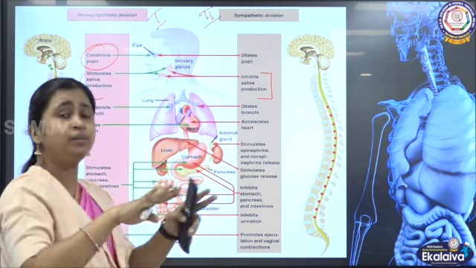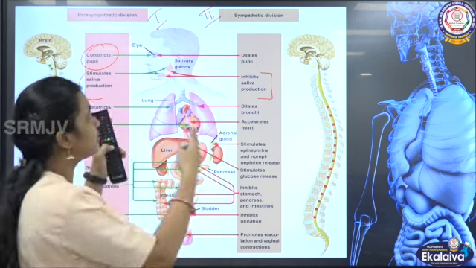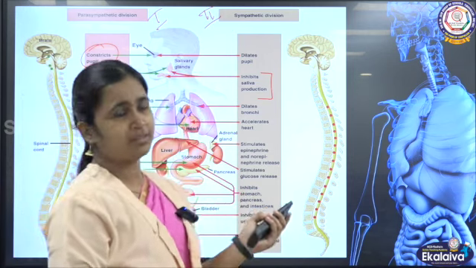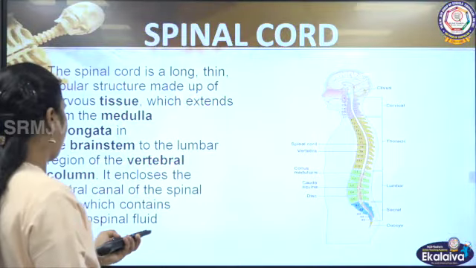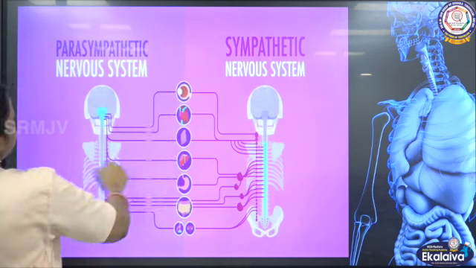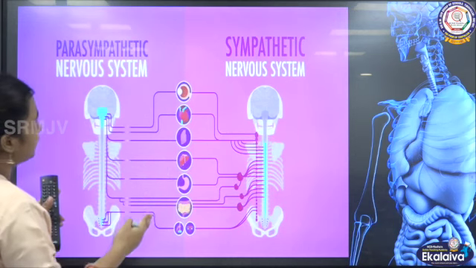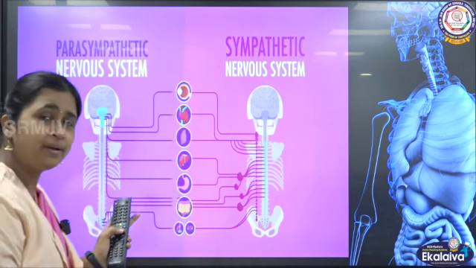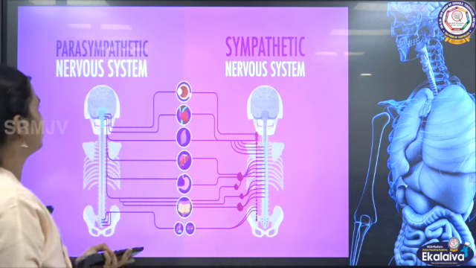So it has to be in a regulated way. This system controls on the whole. You can see here how it coordinates and works together, which is under PNS, the peripheral nervous system.